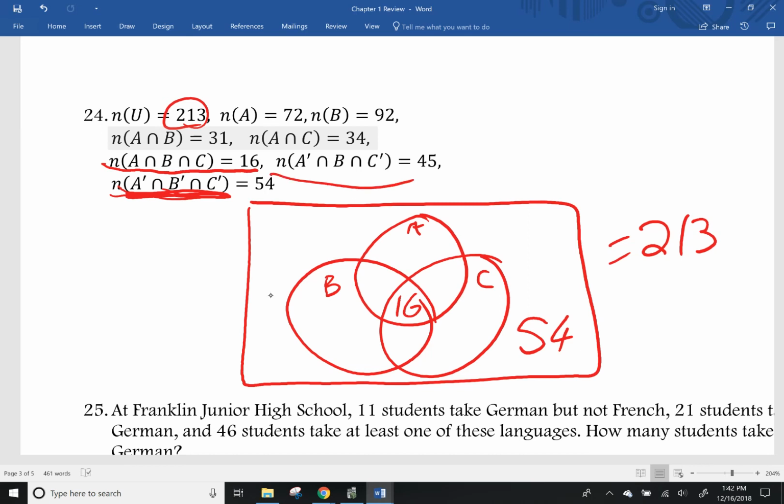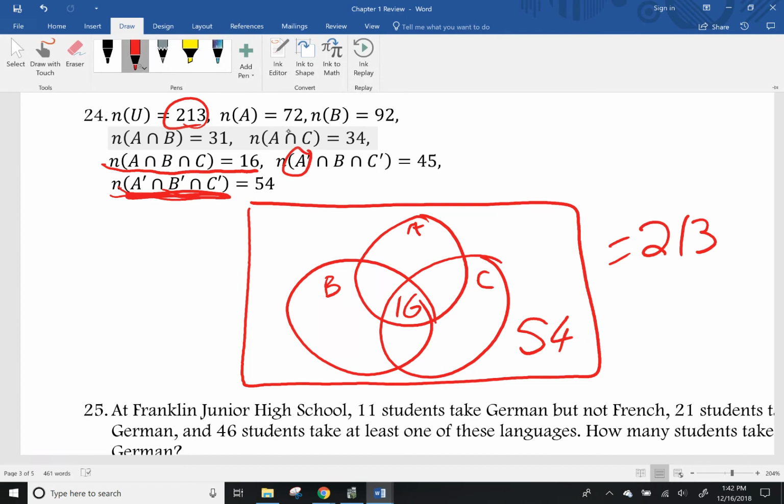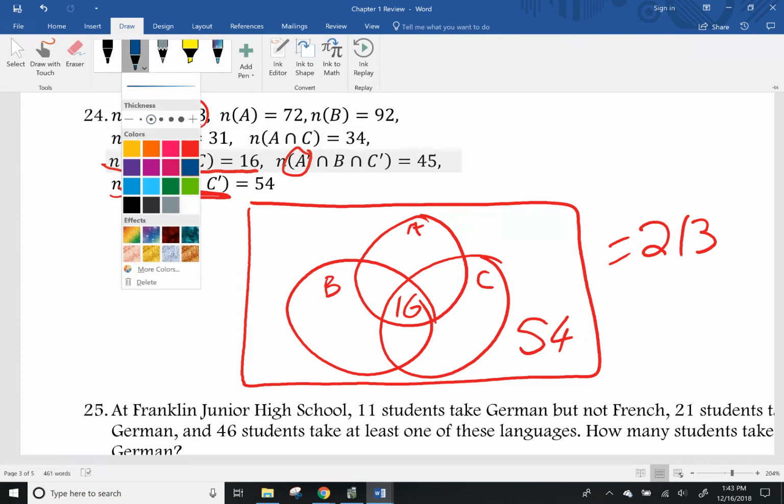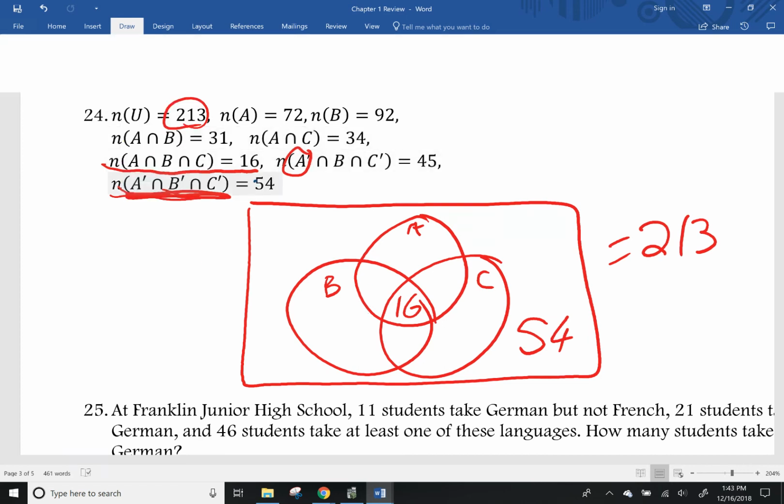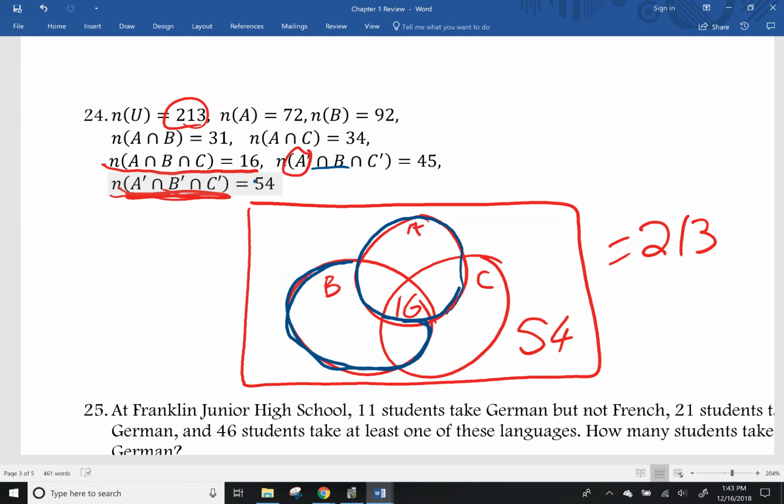Now, this one here is kind of interesting. It's not in A, but it is in B. Let me try to use a different color to emphasize this a little bit. I have to look outside of A. Here's A, and I'm going to look outside of A, and it's in B. So if it's outside of A and in B, it could be anywhere within this space right here.